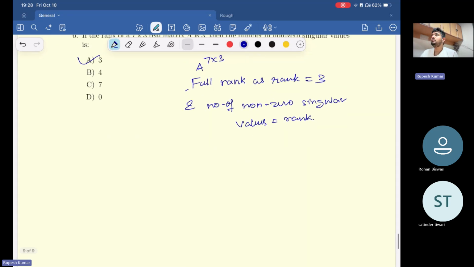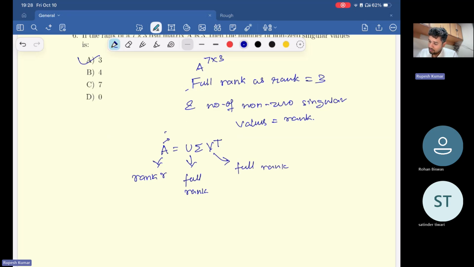Let's say if I want to verify this, it's very simple. You can write any matrix A as U sigma V transpose, right? Now, let's say A has a rank of r. U is full rank since it is an orthonormal matrix, and V transpose is also a full rank orthonormal matrix.